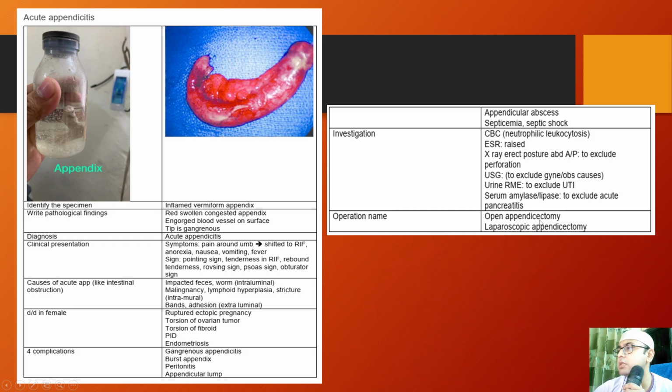And now you can see some open appendicectomy. So what is the treatment? Appendicectomy. It can be done by open or laparoscopic method, but still now the open method is the gold standard.